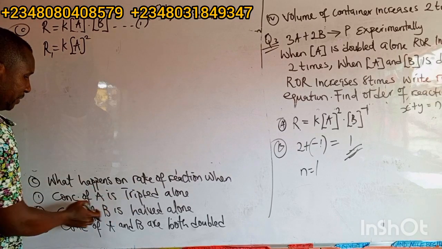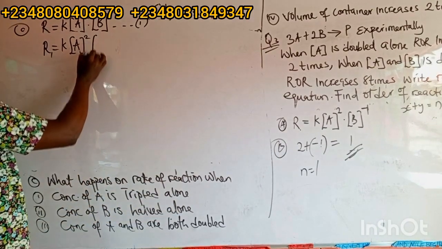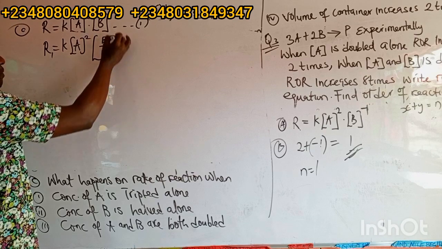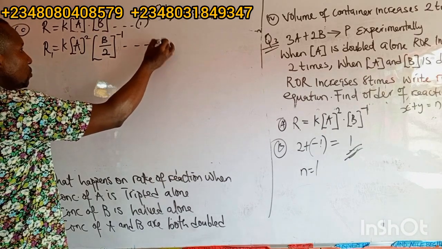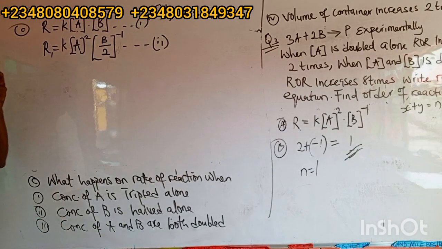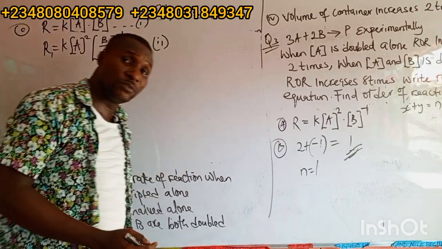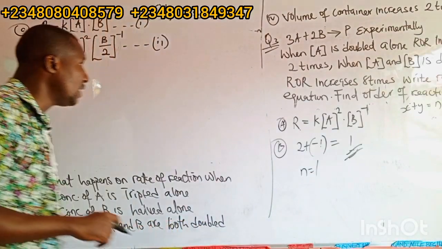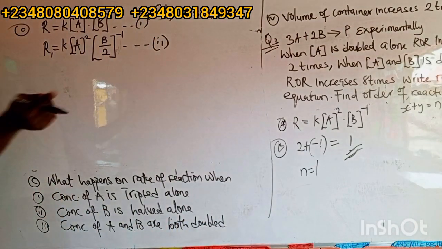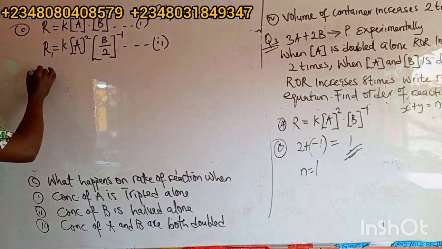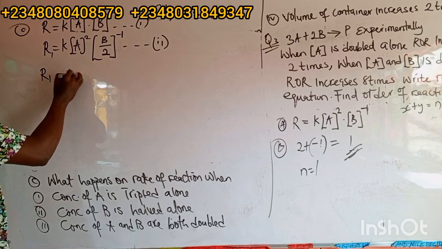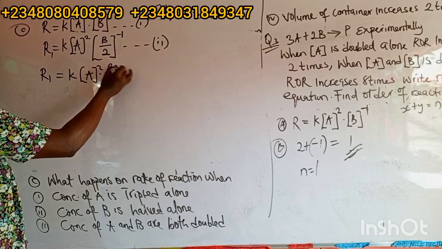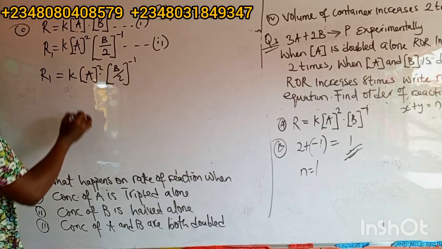When the concentration of B is halved alone, that is equation 2. The same thing: divide equation 2 by equation 1. What do we have? Equation 2 is R1 equal to K into A raised to power 2, B over 2 concentration raised to power minus 1.